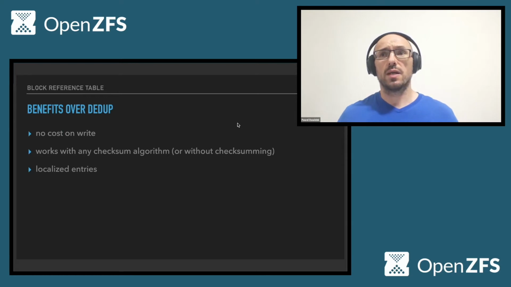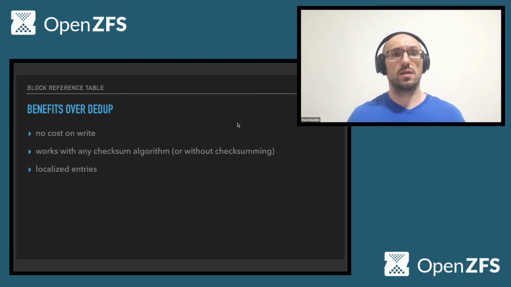This has some limitations, which I will mention a bit later. Some may think, why do we need this if we already have deduplication? It serves pretty much the same purpose. You can think of the block reference table as a manual dedupe, where you decide what you deduplicate. But with the block reference table, there is no cost on write.